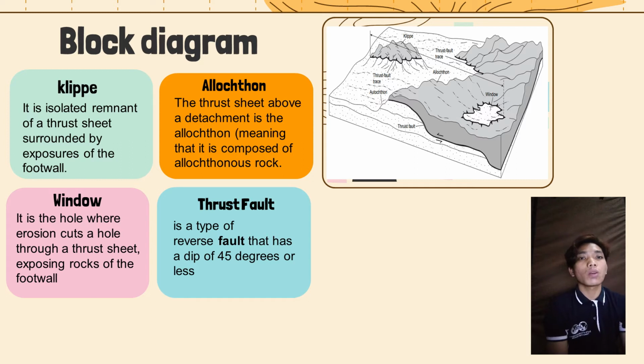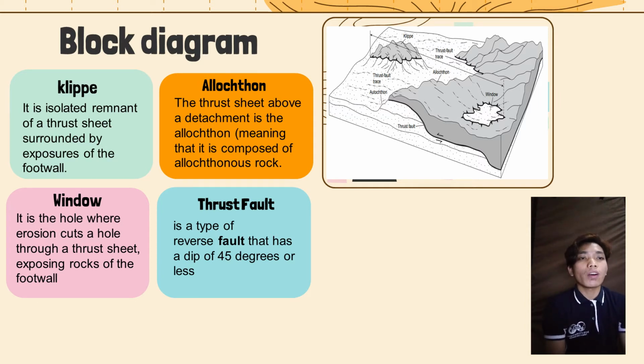The third one is window. It is the hole where erosion cuts a hole through a thrust sheet, exposing rocks of the foot wall. On the illustration, it looks like a lake, no? So that's the window. It is exposing rocks of the foot wall. The last one is thrust fault.